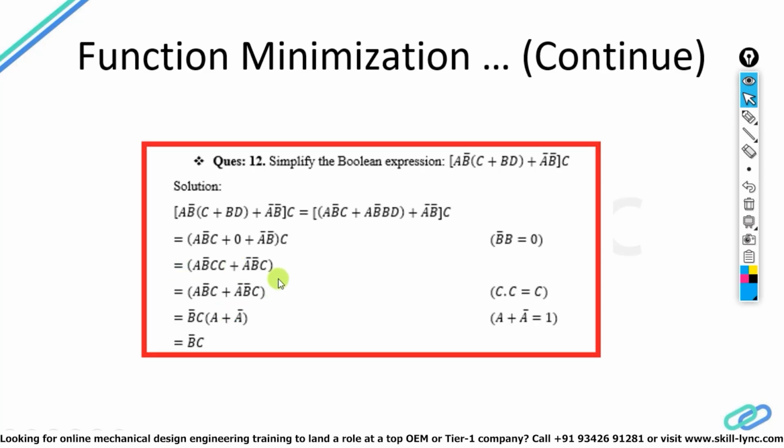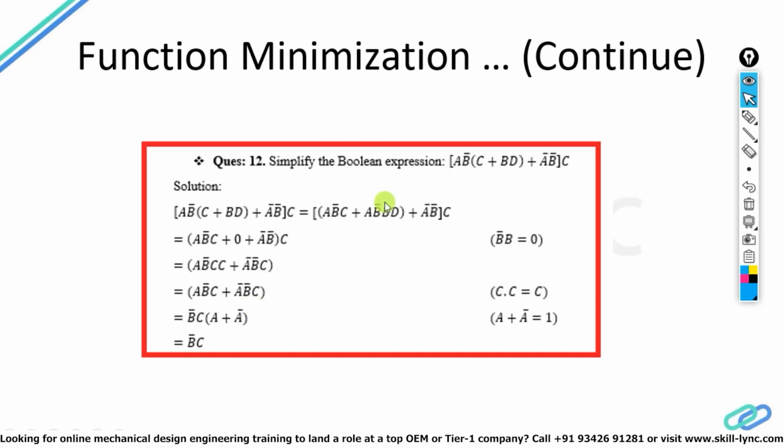Now let us see whether there is any common term between these two terms. We can take b bar c common. Now what remains is a plus a bar, and we all know that a term plus its complementary term is equal to 1. That's why it is b bar c into 1, so it is b bar c.